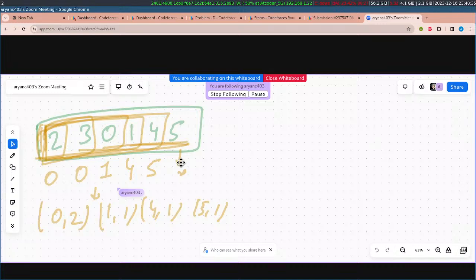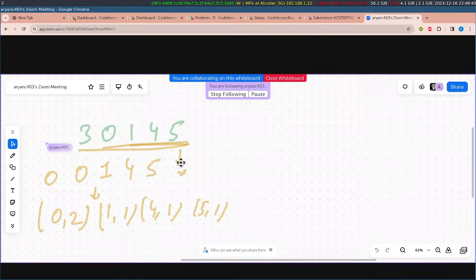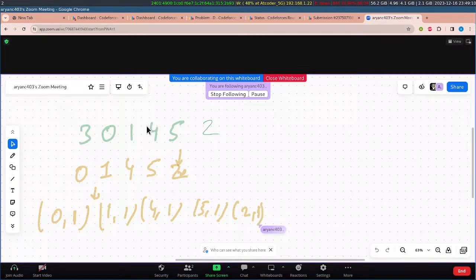Now once we move this 2 from the front to the back, the way the max changes is like this.